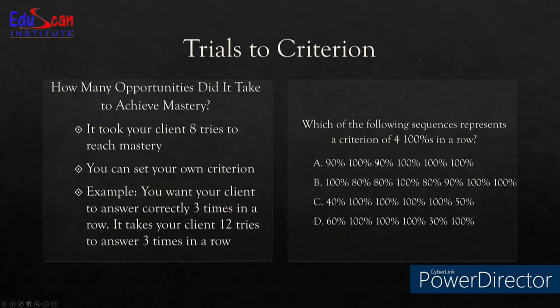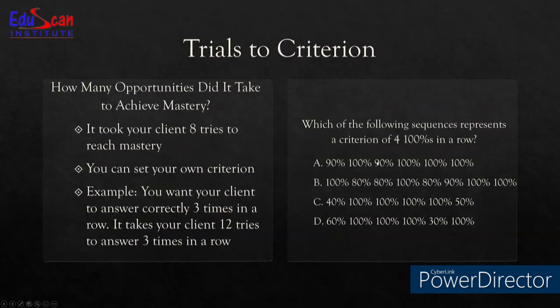Suppose we go for an example. Which of the following sequence represent the criterion of 4 successful trials out of 100% in a row? A, 90, 100, 90, 100, 100, 100. Only 3 consecutive hundreds in a row we got.